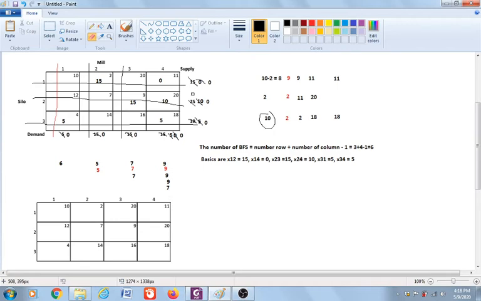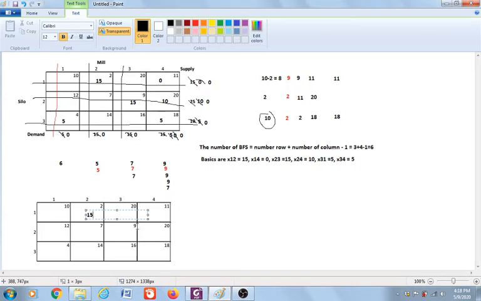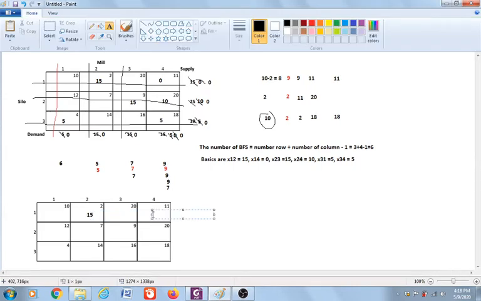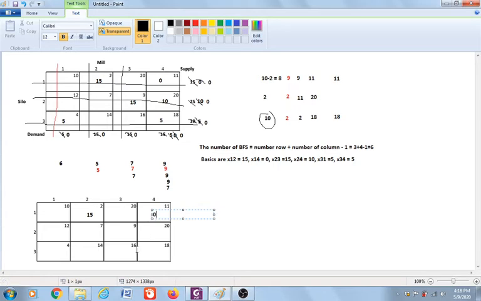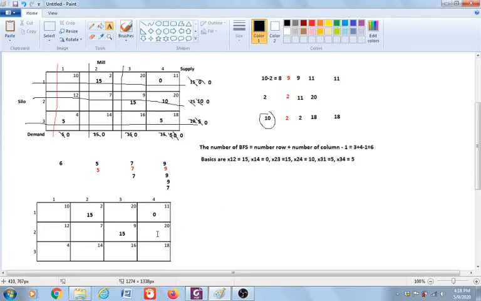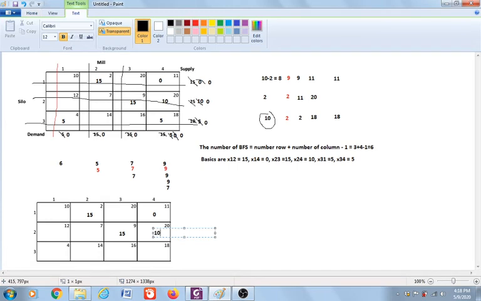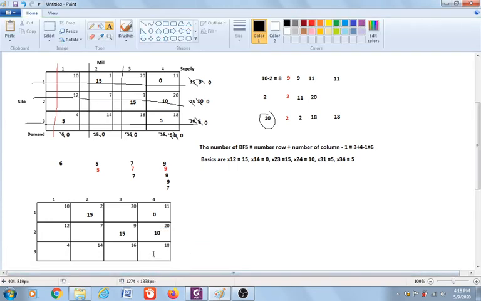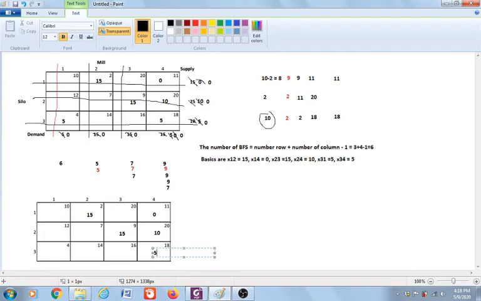Okay, and the basis is 15 over here, 0 over here, 15, 10, and 5.